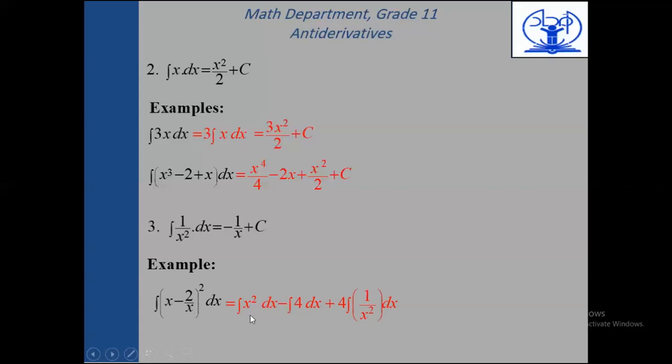So it's a squared minus 2ab plus b squared, and you are splitting into 3 integrals. Now you integrate each. X cubed over 3, 4 is 4x. The integral of 1 over x squared is nothing but minus 1 over x directly.